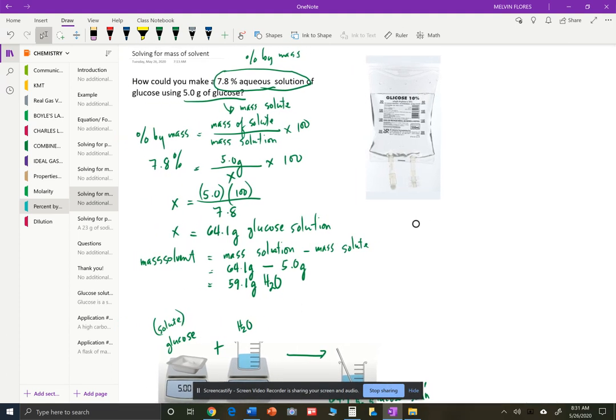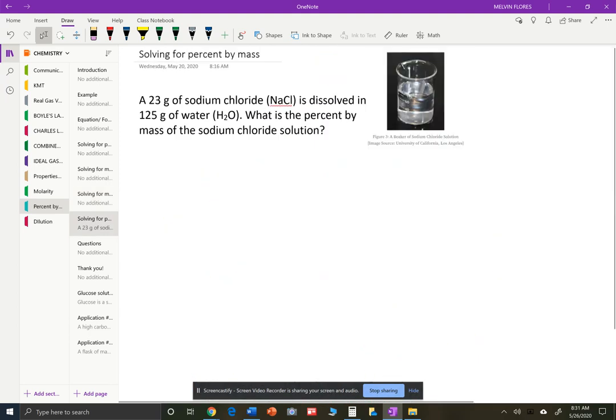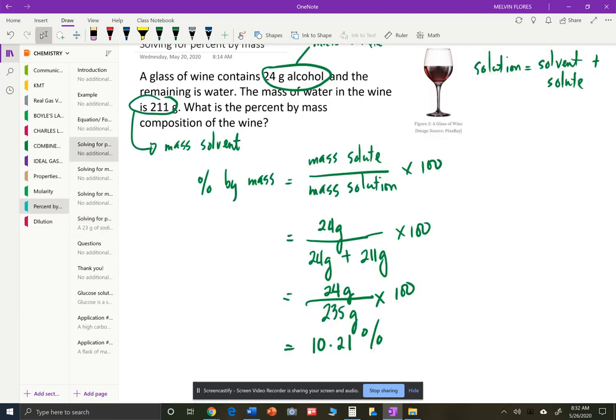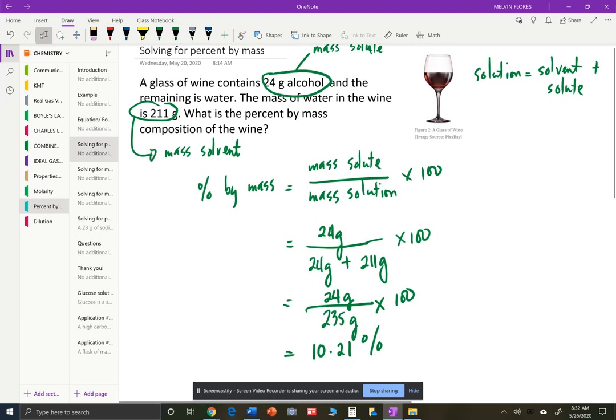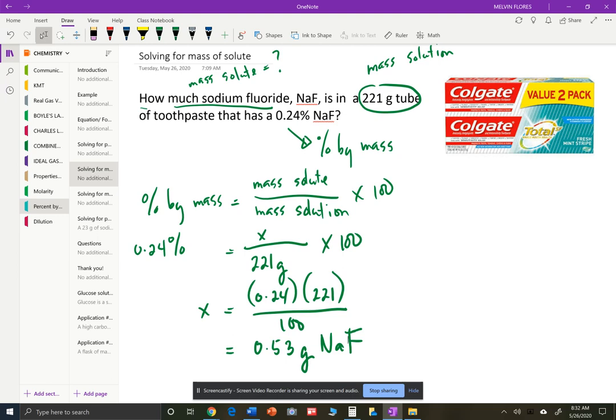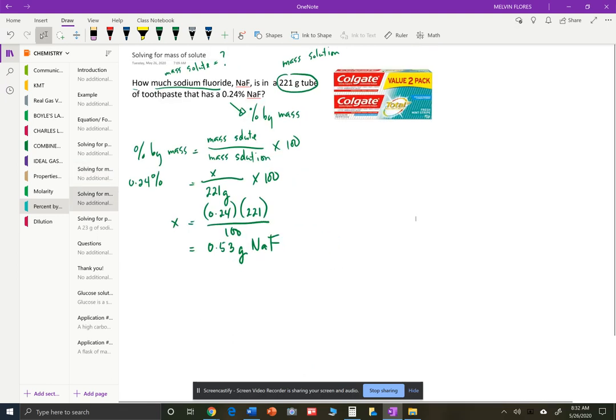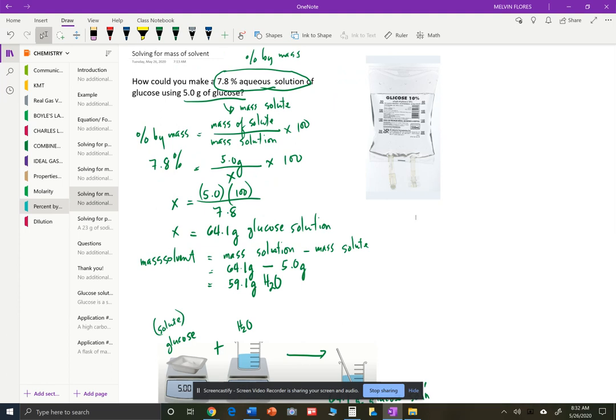All right, let's take a look at another problem: solving for the percent by mass. We have calculated percent by mass in our first example, and then we calculated the mass of the solute, and we calculated the mass of the solvent, so that we can determine the mass of the solution, and we can determine how to prepare the solution also.